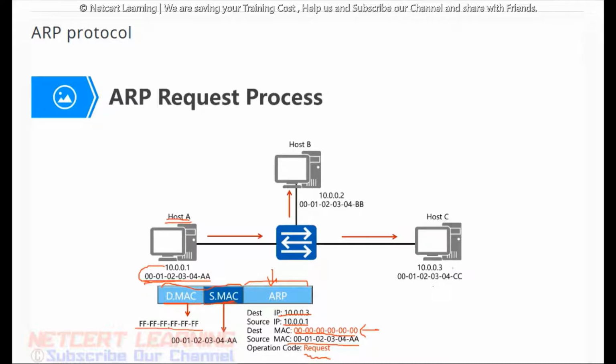What does all ones mean? In the previous chapter we discussed that all ones means broadcast. That means this frame sent out to the network should be received by all the other devices.